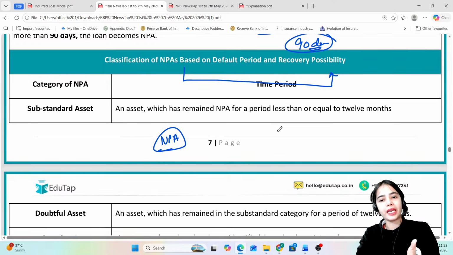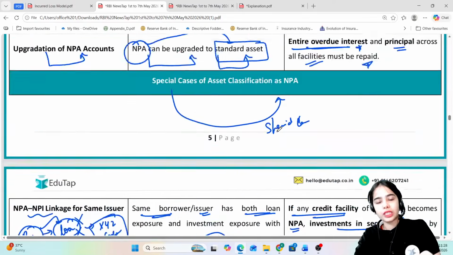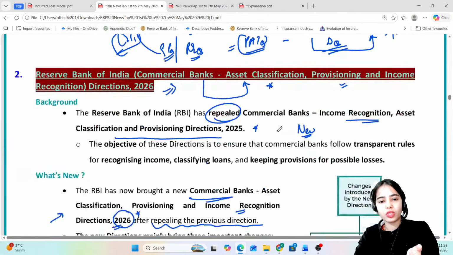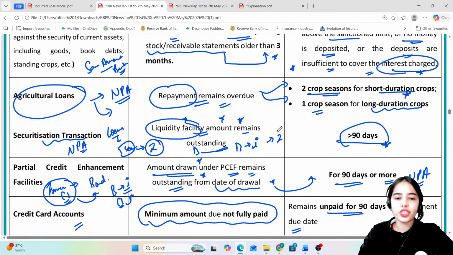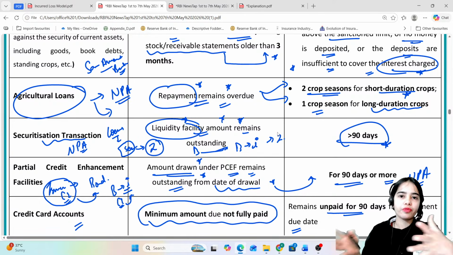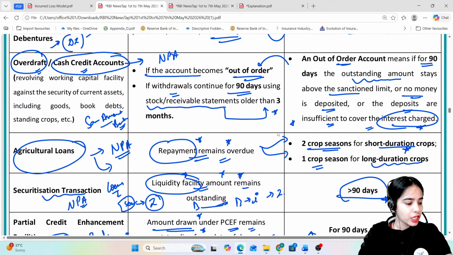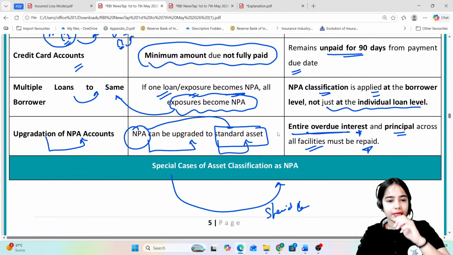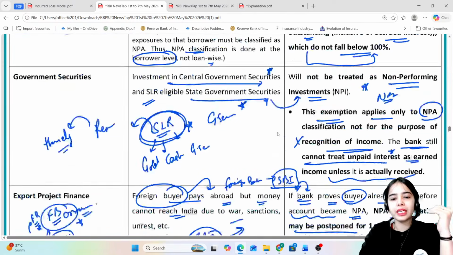Agricultural loans will become NPA on the basis of the crop season: if the repayment remains overdue for 2 crop seasons for short duration crops, or for 1 crop season for long duration crops, the agricultural loan will be considered NPA. For the other categories, the loan becomes NPA if the amount is not paid for 90 days or more. So this is the NPA categorization.